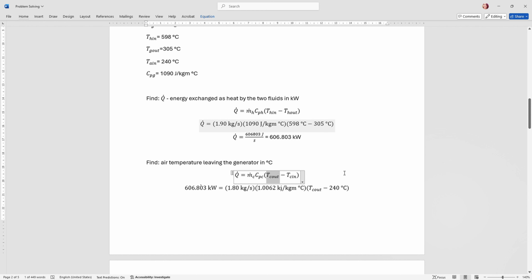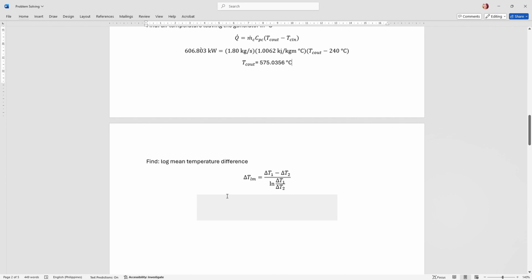So, substitute lang din. 606.803 kilowatt is equal to 1.8 times CP ng air is 1.0062 kilojoule per kilogram. Then, the out, ito yung hinahanap natin, minus 240 degrees Celsius. Input lang natin sa calculator. Makuha natin is 575.0356 degrees Celsius.